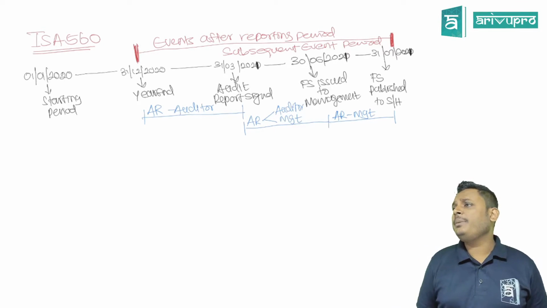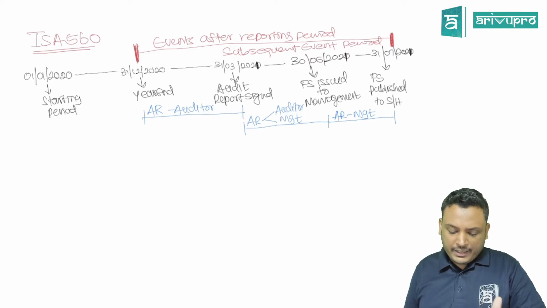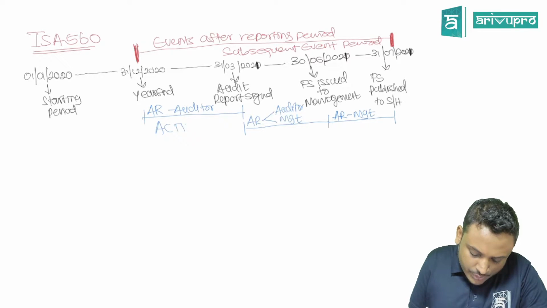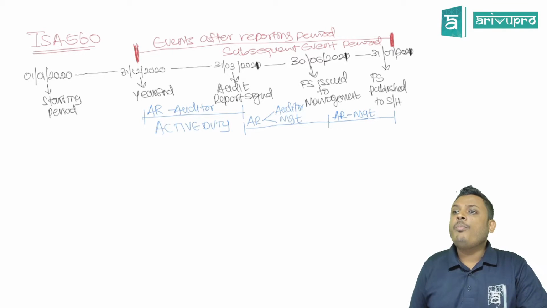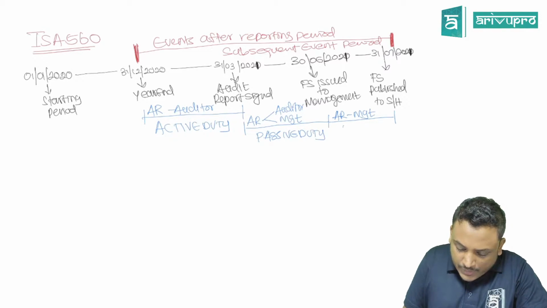Based on this, auditor's power is determined. Auditor has more power during active duty. This is what we call active duty. Why am I saying active duty? Auditor has more power. Auditor holds audit report. This is what we call passive duty. Again passive duty.